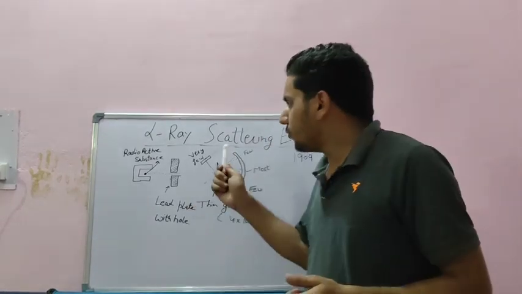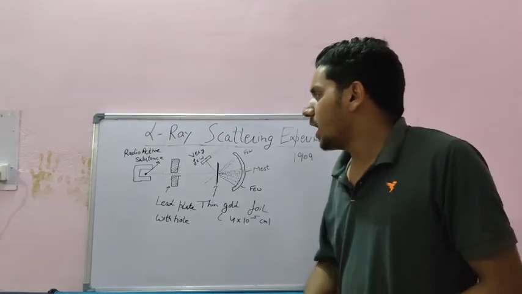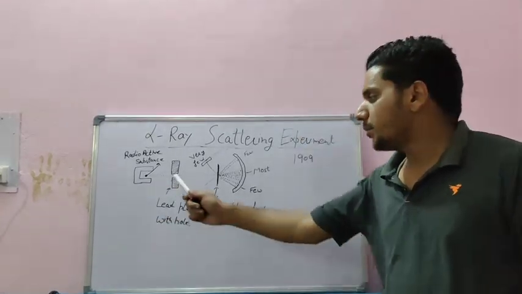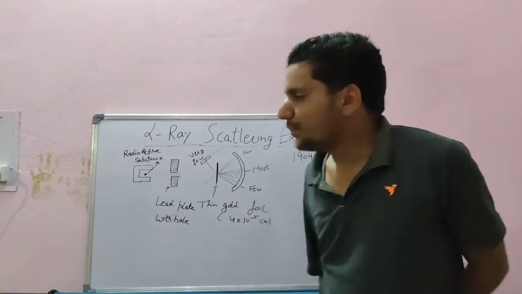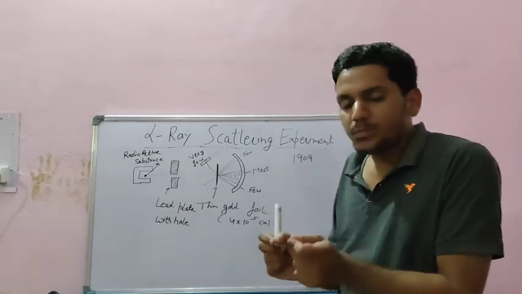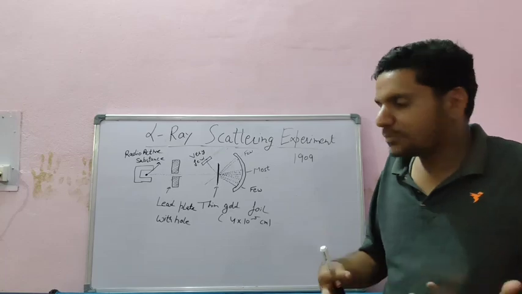So in Rutherford alpha ray scattering experiment, a radioactive substance is placed in a slit. This slit is designed in such a way that only a narrow beam can escape through it.